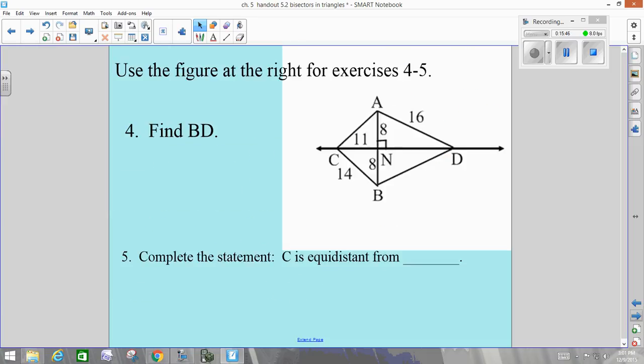Okay. Cool. 2 diagrams, like 5 questions left here. 4 and 5 use this figure. You have to find the length of BD. Anybody got it? Why? CD is the bisector of angle ADB. This angle is getting cut in half. How do you know that?